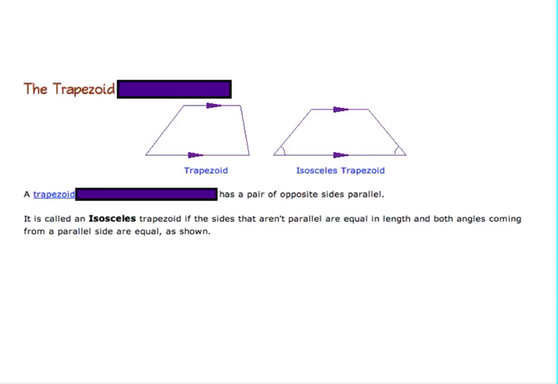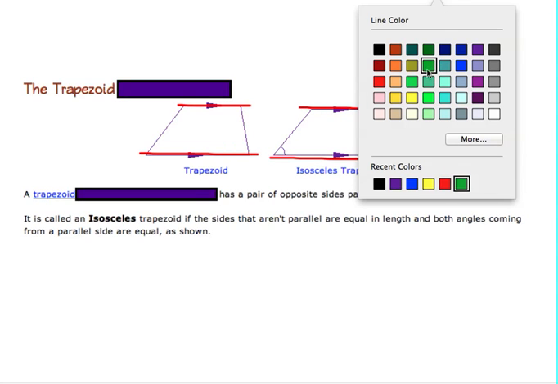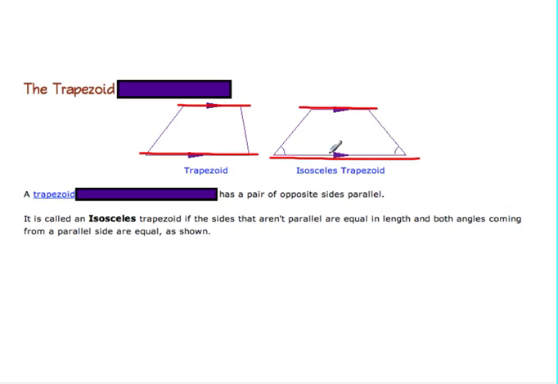A trapezoid is a funny looking quadrilateral. It has two sides that are parallel, like here, the top and the base, they are parallel. Here too, the base and the top are parallel. They would never cross. But the opposite sides are not parallel.